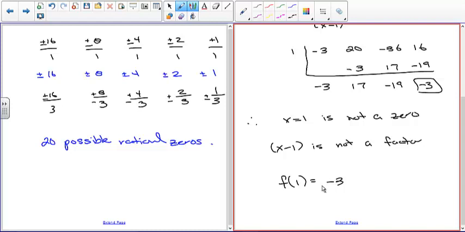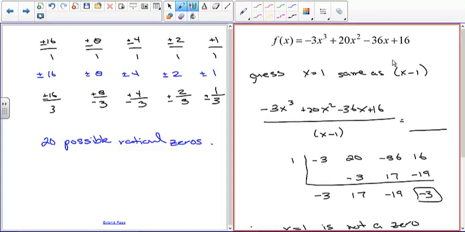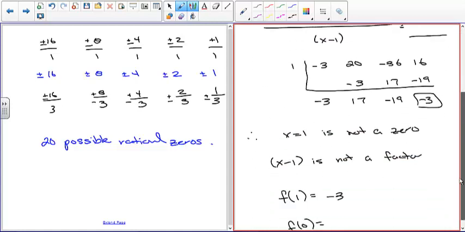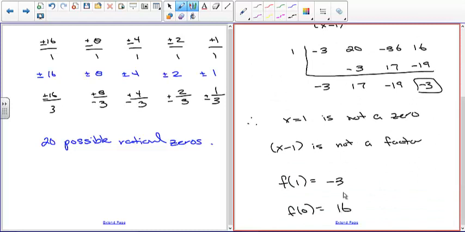So you might think, I wonder what... well, f of 0 is always easy to figure out. So let's plug f of 0 in there. If you put 0 in here, you get 16. So it's somewhere between 1 and 0.